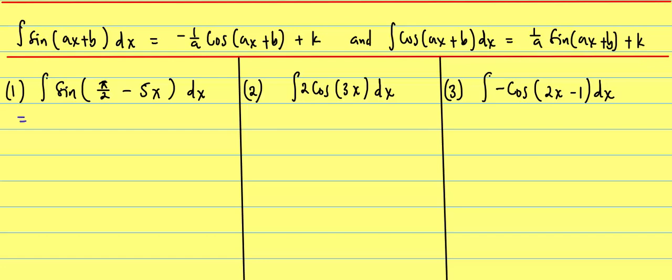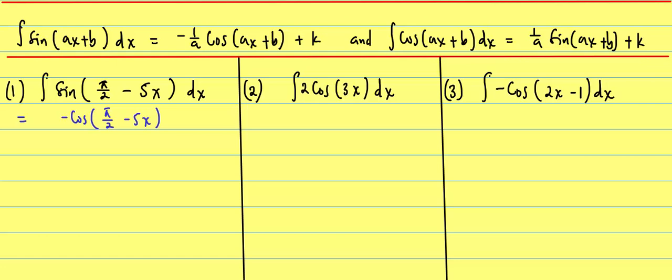So as before, the first thing that we want to do is integrate sine. From our result here, we found that the integral of sine is going to be negative cosine. So I'm going to write minus cosine of the same angle, pi over 2 minus 5x, and then we differentiate this angle here, and the derivative of pi over 2, which is a constant, is going to be equal to 0, and the derivative of minus 5x is going to be equal to minus 5.